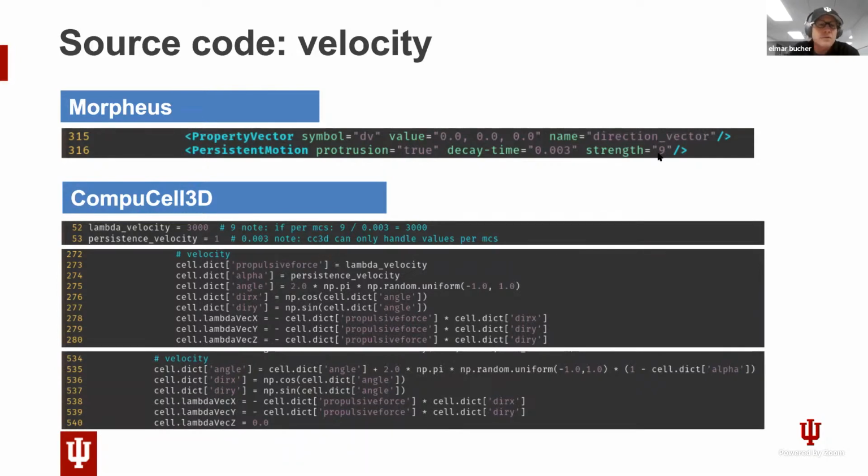Now in CompuCell, you cannot do calculations in non-integer Monte Carlo steps, so 0.03 you have to round up to 1 Monte Carlo step, and this means that you end up with a force of 3,000. That's how strong the motion is in how the cell moves.